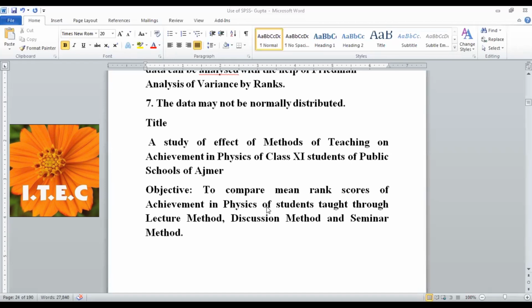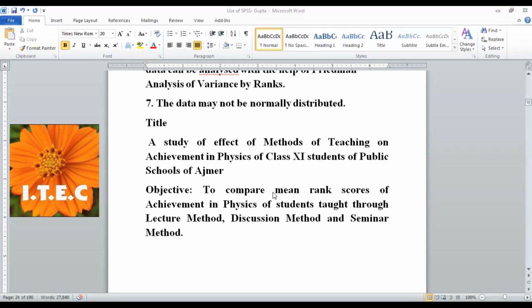So the second will have the effect of the lecture method also. And the third one will also have the effect of the lecture method as well as the discussion method. This is progressive, that's correct.